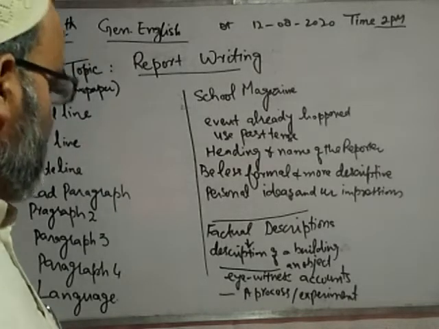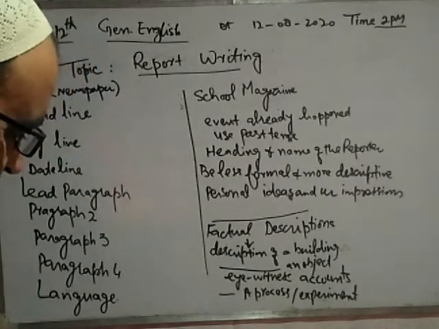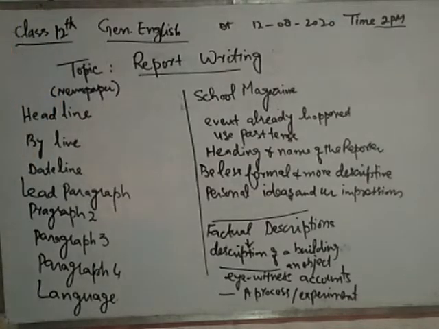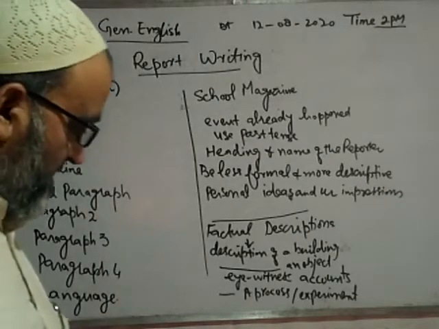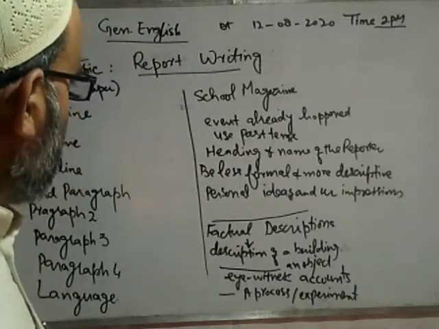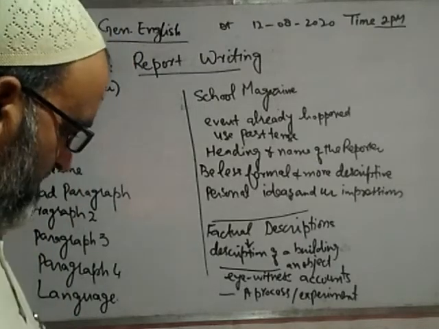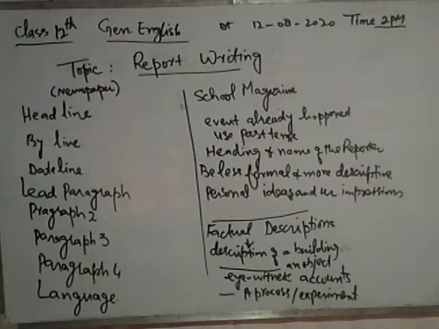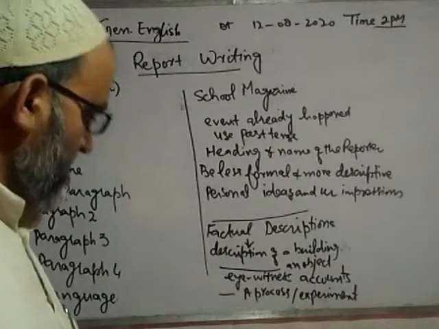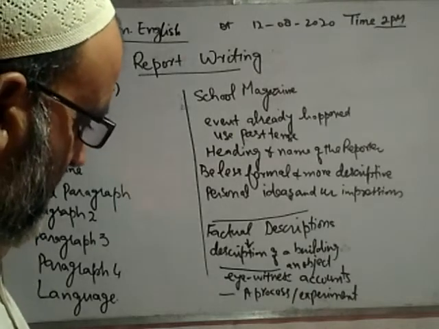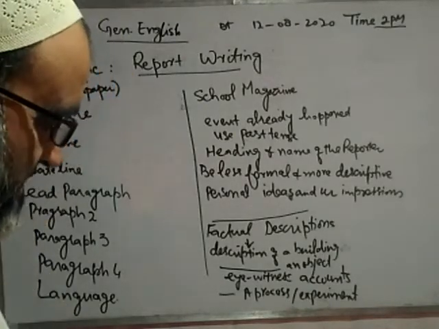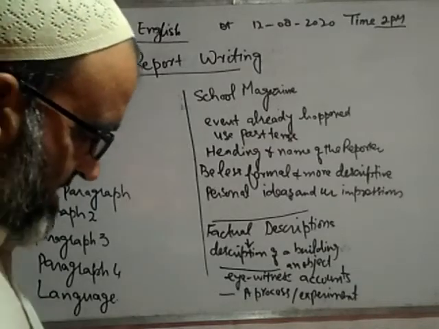We use past tense. Second, we write the heading and name of the reporter. Third, we have to be less formal and more descriptive. Why? To catch the reader's interest or attention. And fourth, a reporter must present ideas and his or her impressions.